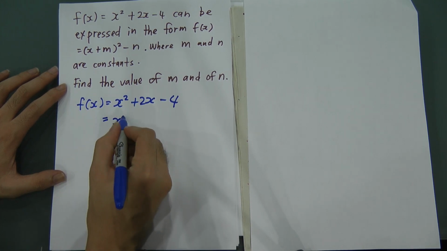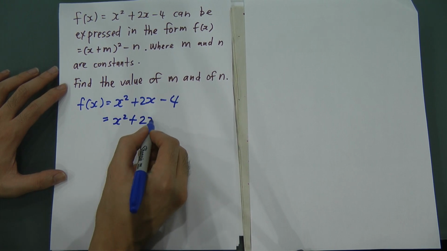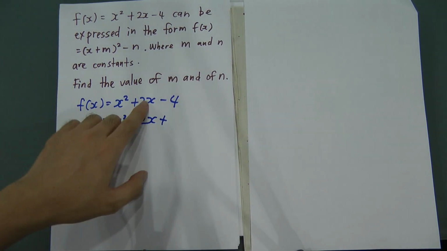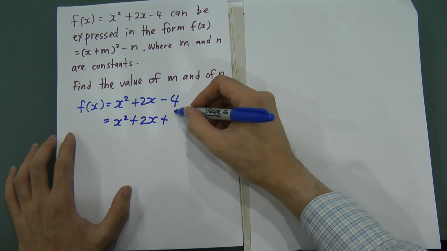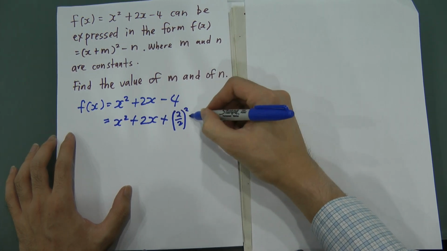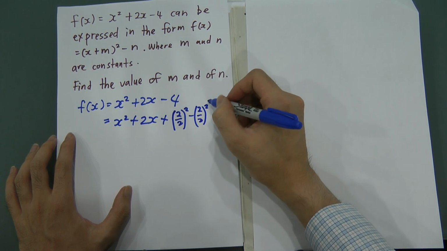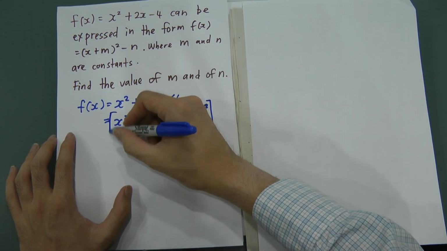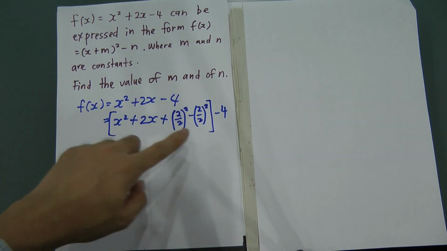So we do x squared plus 2x plus, this one divided by 2, you get (2 divided by 2) squared minus (2 divided by 2) squared, and then the whole thing minus 4. This is the way to do the completing square.